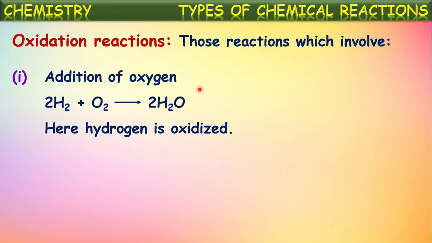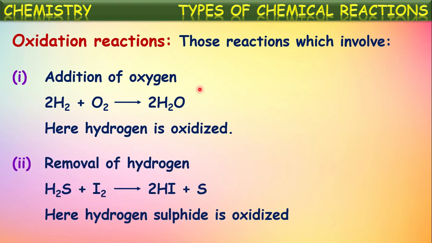The same oxidation can be defined in the other way also. It can be defined as removal of hydrogen from a chemical substance. Let us see an example for that, that is, for removal of hydrogen. Hydrogen sulfide, H2S, is reacted with iodine to form hydrogen iodide and sulfur.